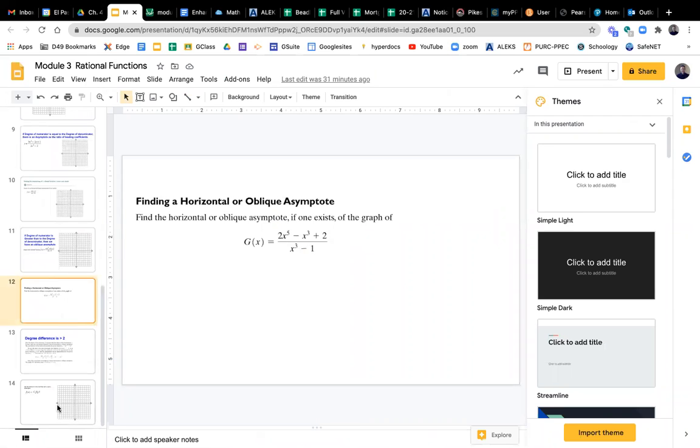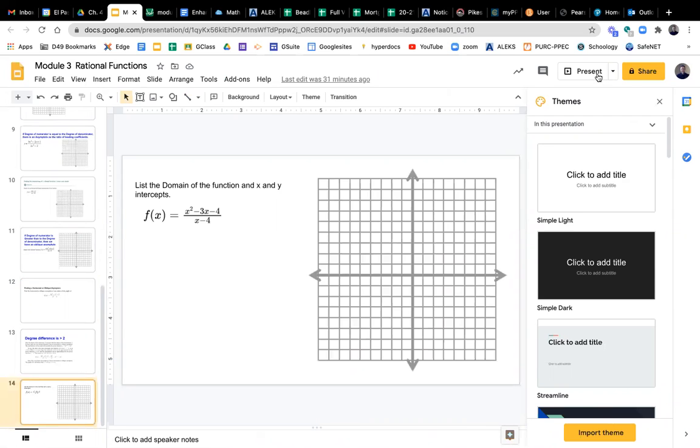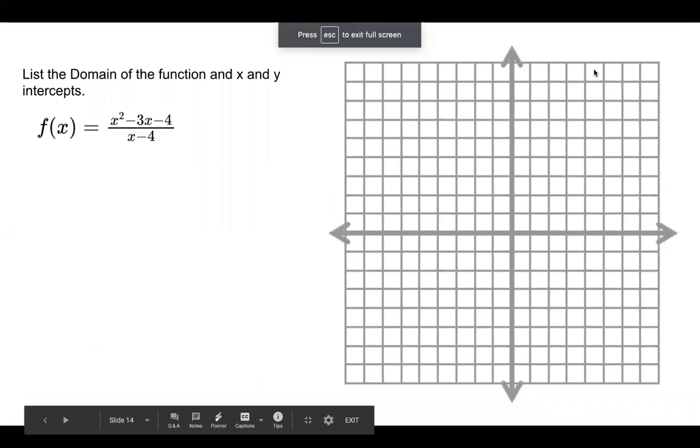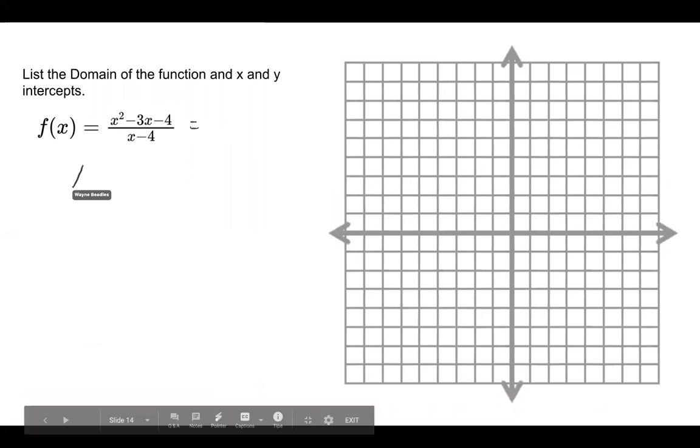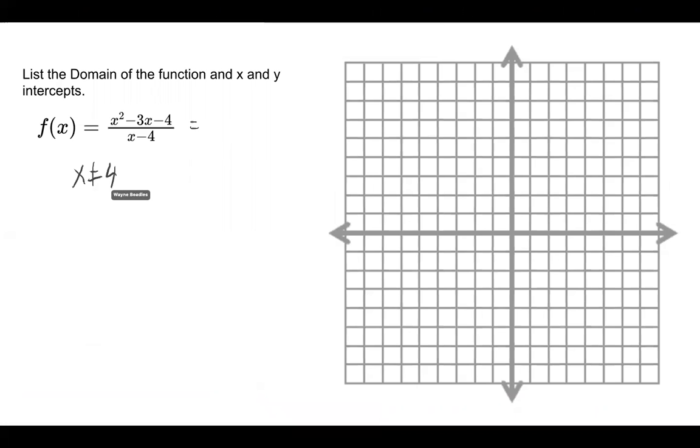is this one. And thanks for sticking around with this. We know that it cannot be 4, because if we put a 4 in here, we're going to get a 0. But if we factor the numerator, we're going to get x minus 4, x plus 1, because you try to factor that numerator out.